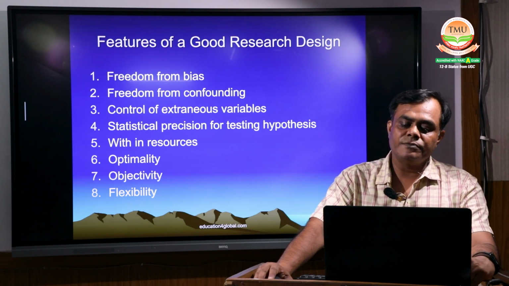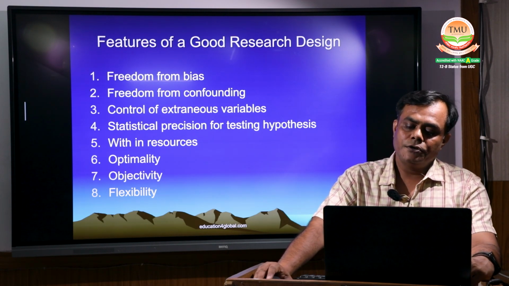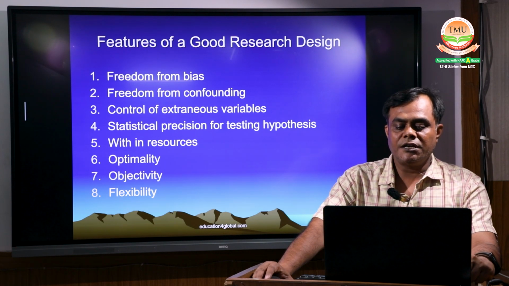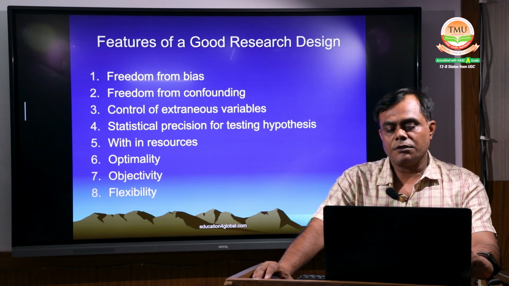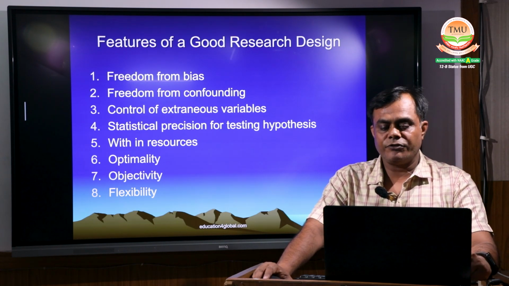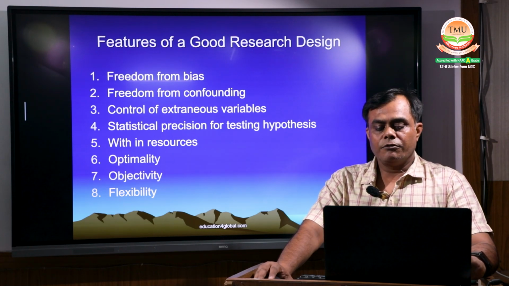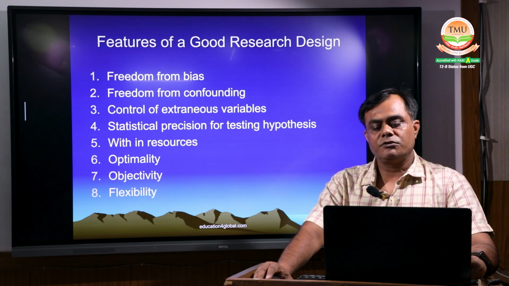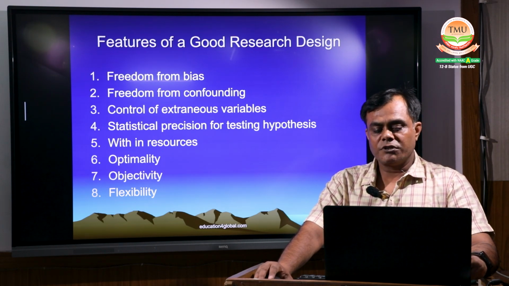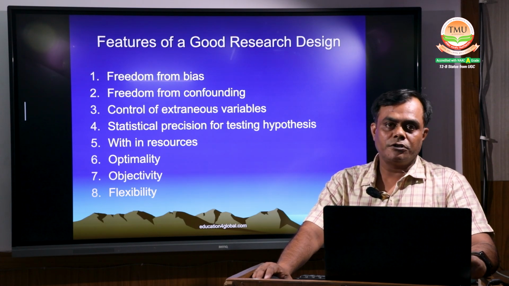So in very simple terms, we can say that the features of a good research design are: first, freedom from biasness; second, freedom from confounding; third, control of extraneous variables; fourth, statistical precision for the testing of hypotheses within resources.